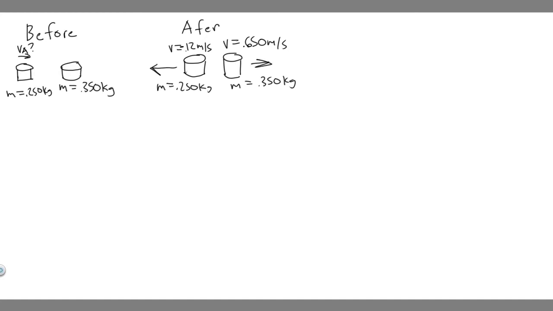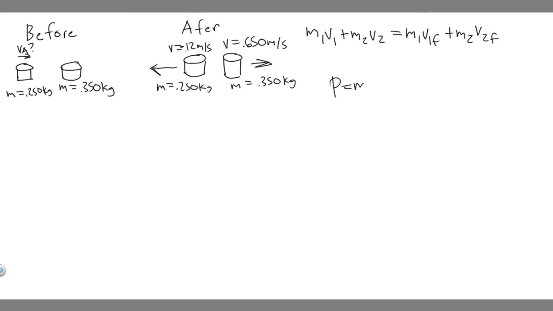So what do we want to do now? The way we're going to solve this problem is by using the law of conservation of momentum, which essentially tells you the momentum before has to be equal to the momentum after. This is the formula we're going to use: m1v1 plus m2v2 is equal to m1v1 final plus m2v2 final.